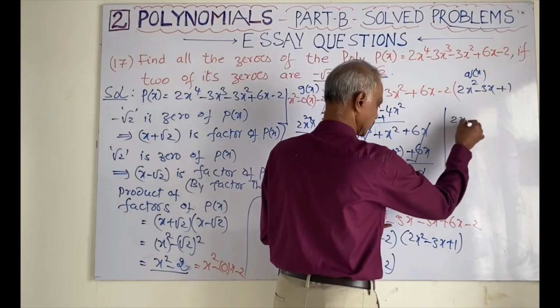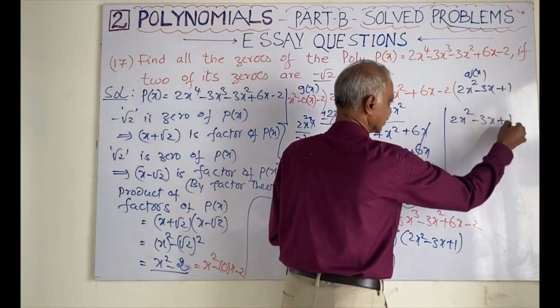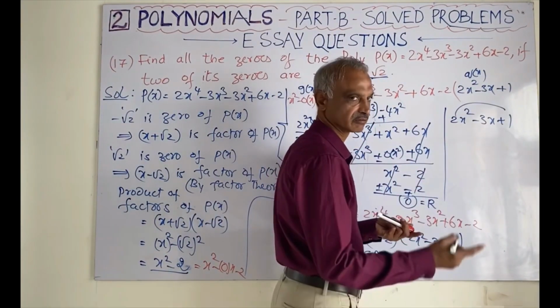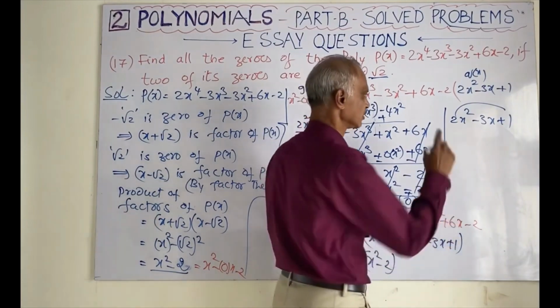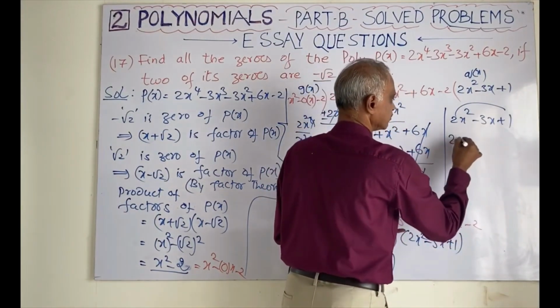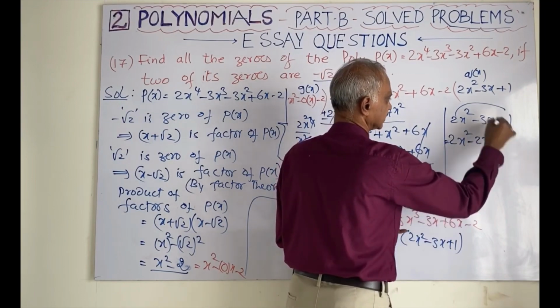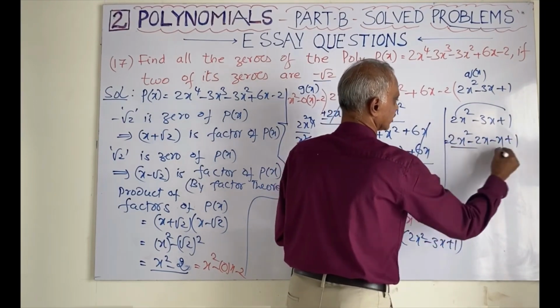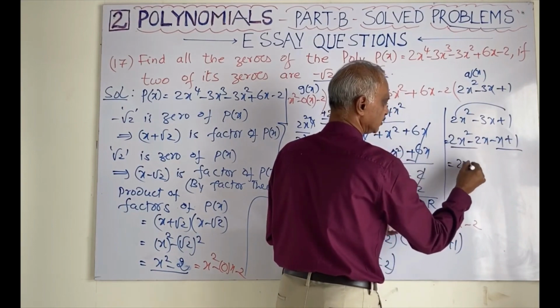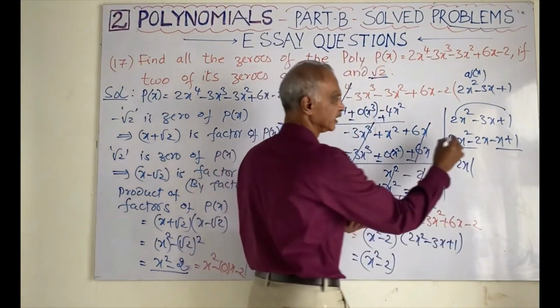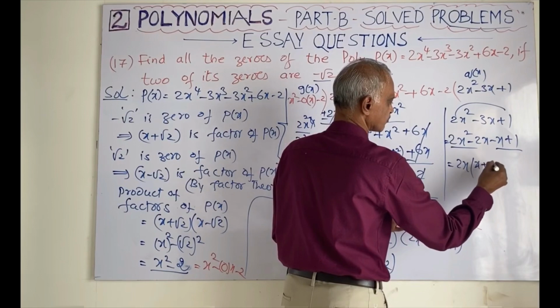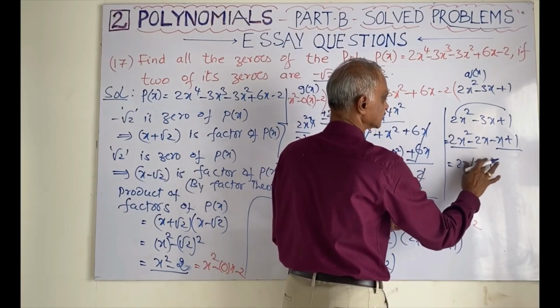Say 2x square minus 3x plus 1. 1 into 2x square is 2x square. It can be written as 2 into minus 2x minus x plus 1. 2x common, you take 2x common, you are getting x minus 1.